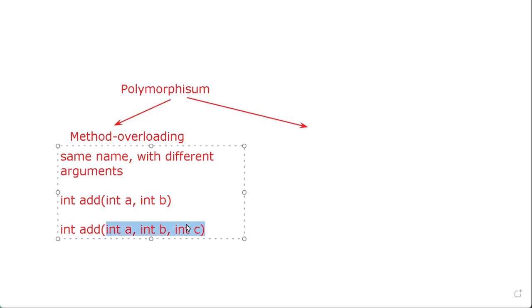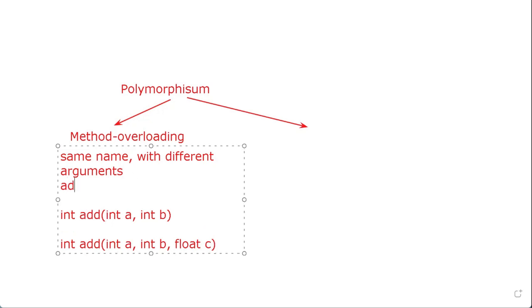Here it is 3. Or it can also be a different argument list, a different number of arguments, or the data type could also be different. So at compile time, what will happen? If you say add of 2, 3, then it will know that it will call this method.